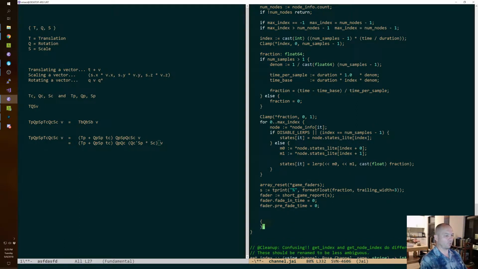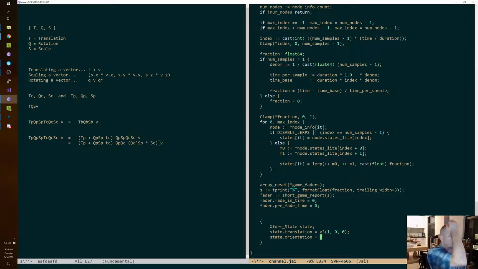I'm just going to do a super stupid experiment where I'm going to say X-form state state translation is v3 1 0 0, state dot orientation equals... wait, no, the scale is second. The scale is second, I think. Okay.